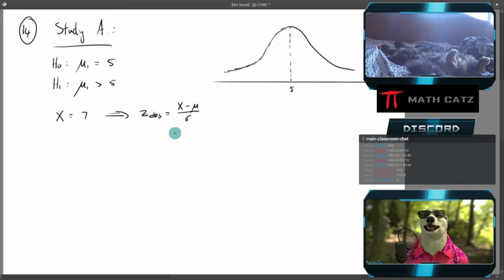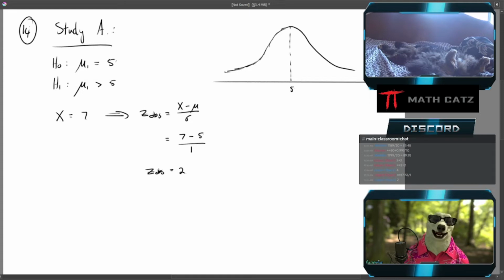And what do we get? Well, let's write it in. We have our 7, population mean of 5, under the null hypothesis, over 1. So we get an observed z-score of, it's an easy enough calculation, 2. But I'll show that my calculator does work, just to give it something to do, right? Because it could be more complicated.